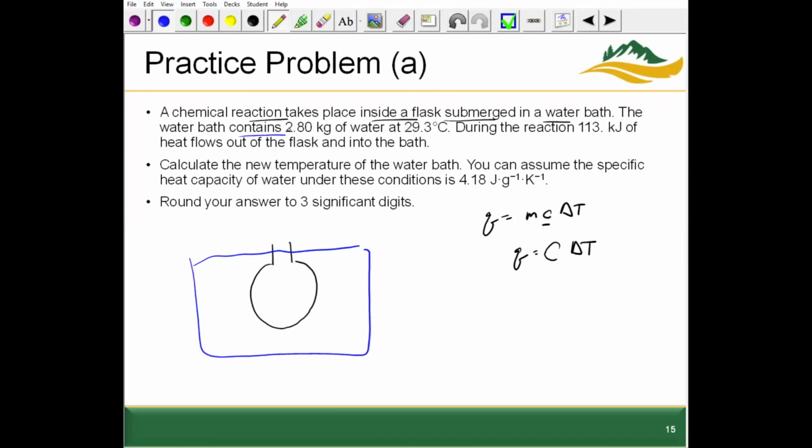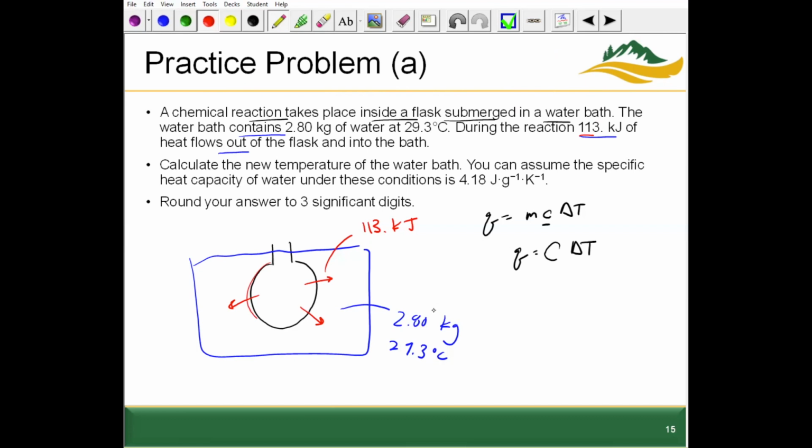The water bath contains 2.80 kilograms of water and it's at 29.3 degrees Celsius. During the reaction, 113 kilojoules of heat flows out of the flask and into the water bath. So this heat exchange, this is 113 kilojoules of heat exchange from the flask to the water bath.